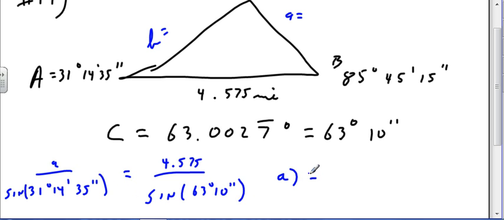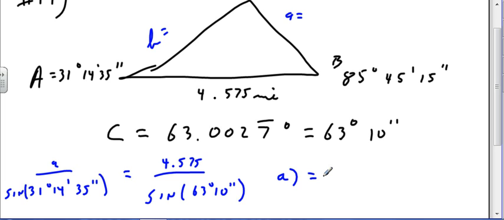All right, so now this turns into a calculator problem. 4.575 times the sine of 31, math over to degrees, minutes, seconds, 14, math over to degrees, minutes, seconds, 35, math over to degrees, minutes, seconds.